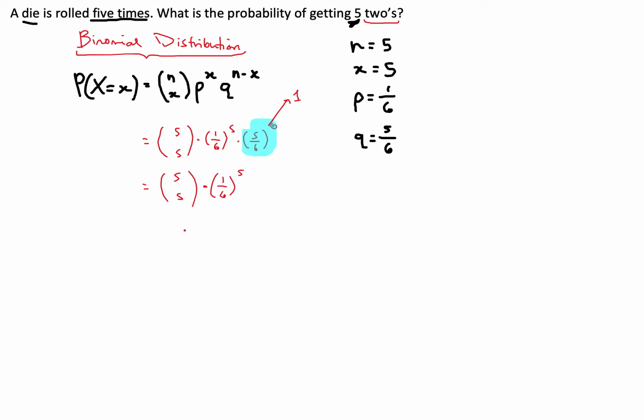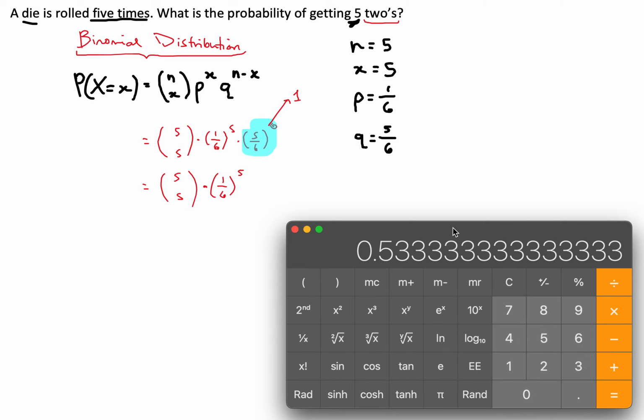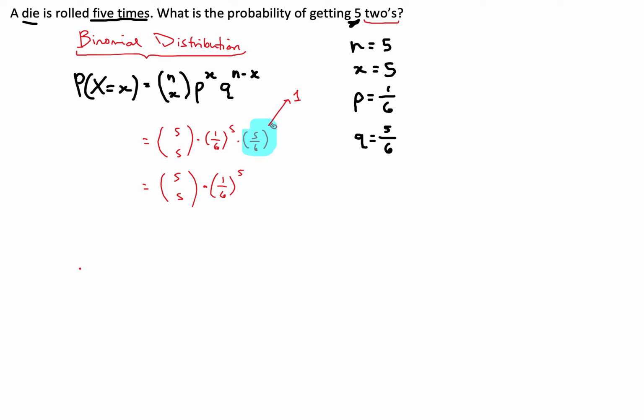Now we have some special cases in combinatorics, wherein x and n are the same, or n and r are the same. Remember the formula for combination: n factorial over n minus r quantity factorial times r factorial.